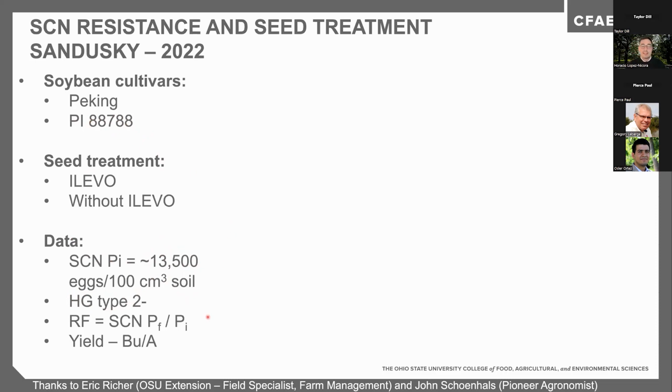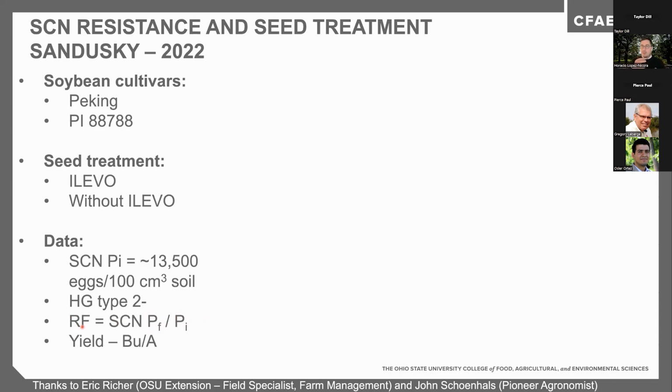We collected soil samples at planting to obtain the initial population of the nematode and at harvest to obtain the final population of the nematode. With these two data sets, we created a new variable that is called the reproduction factor of the nematode.